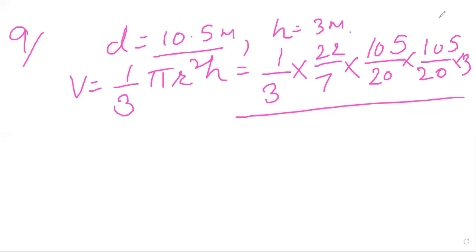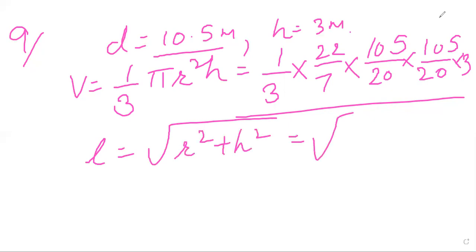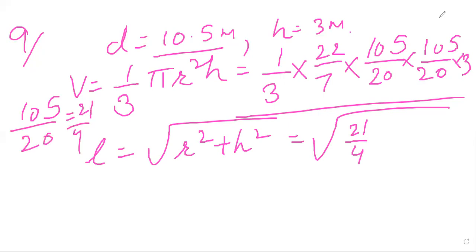For CSA we need the slant height. Now we'll find the slant height. How to find the slant height? Using the formula square root of r square plus h square. The radius is 105 upon 20. When we cancel it, we get 21 upon 4. So the radius is 21 upon 4, and it will be 21 upon 4 whole square plus 3 square.